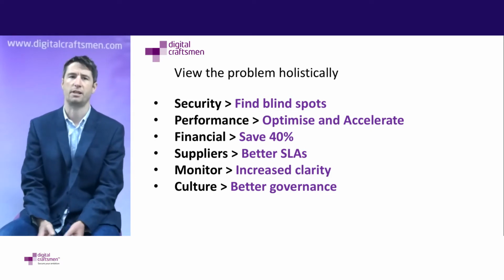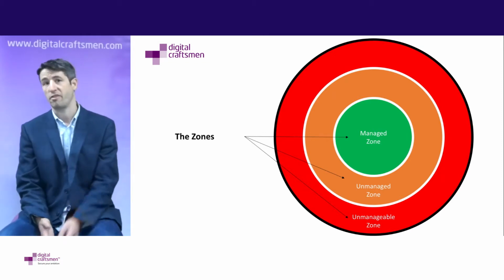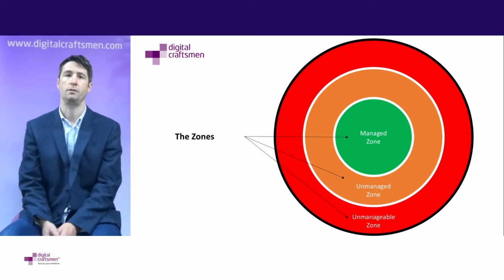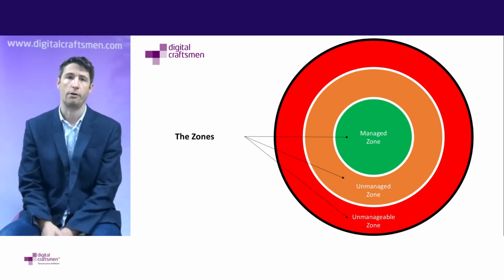The answer is to recognise that there are some things you cannot manage because they are outside your control. This includes third-party API endpoints, underlying physical infrastructure, using services like Cloudflare that recently had a big fault for 20 minutes, half an hour. Those kind of things are outside your control.